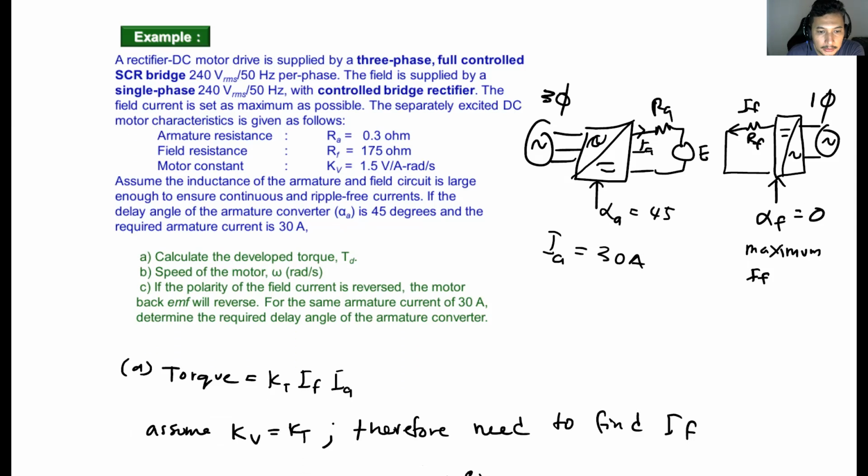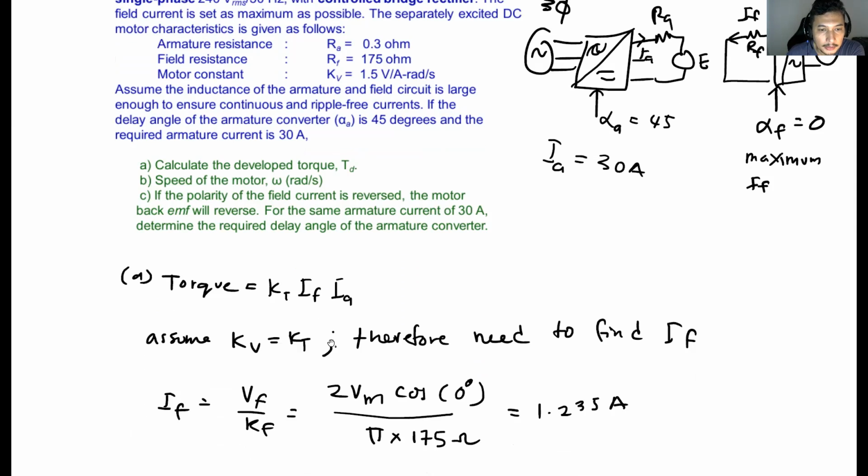We know that the torque developed is KT IF IA, and usually KV, which is your motor constant and is always referred to the back EMF, is usually also equal to the torque constant. Right now it has been given as 1.5, therefore we only need to find the IF.